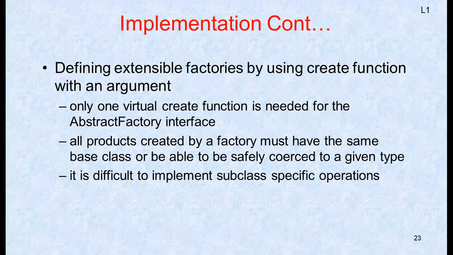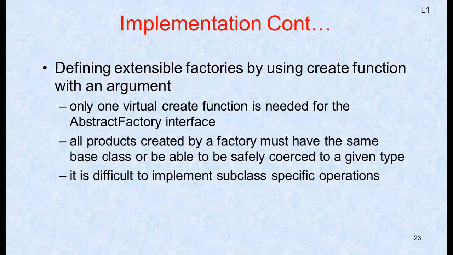We can use it in C++ only when all the objects have the same abstract base class, or when the product objects can be safely coerced to the correct type by the client that requested them. Because C++ is a statically typed language, we need to take special care when we use it. The implementation section of the factory method shows how to implement such parameterized operations in C++.